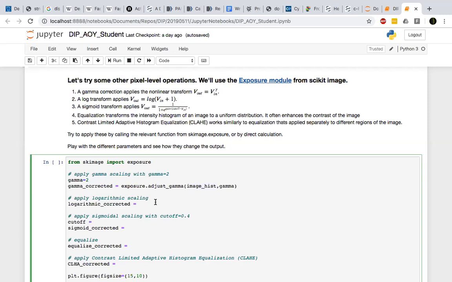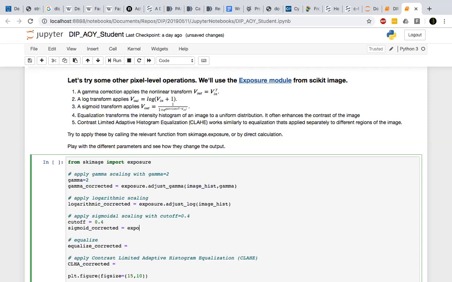Okay, same goes for the rest of them. So exposure dot adjust log. This one doesn't need any other inputs. Here I said I want a cutoff of 0.4, and I want a sigmoid scaling. So sigmoid looks kind of like an S shape.